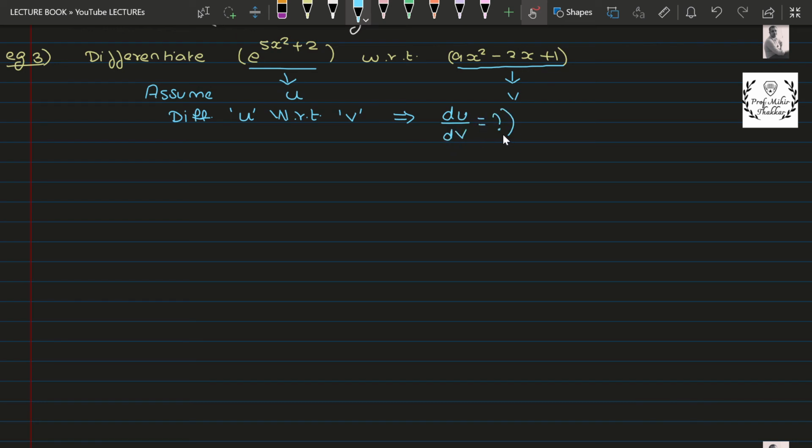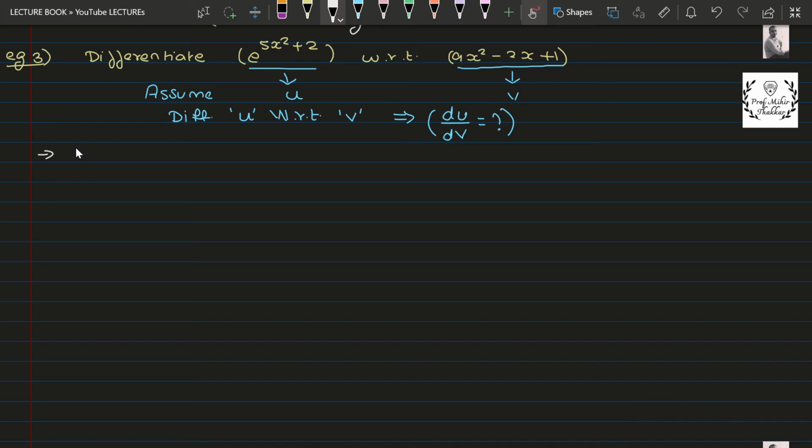So guys, you just have to find the value of du by dv, but he has given the question in a slightly different format just so that you guys should know how to apply the terminology of the differentiation. So I will now start with my answer.